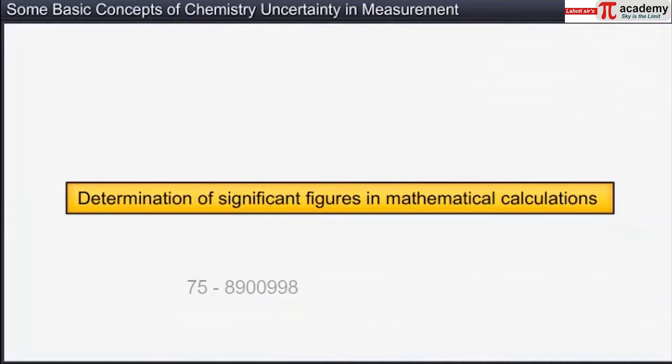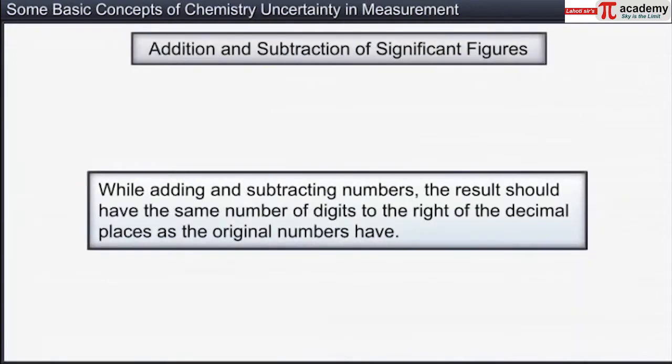Now let's see how to determine significant figures in the results of mathematical calculations. While adding and subtracting numbers, the result should have the same number of digits to the right of the decimal place as the original numbers have.